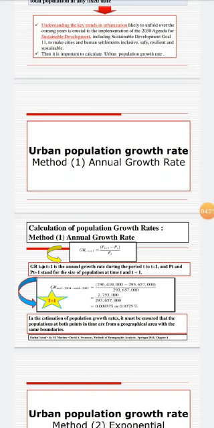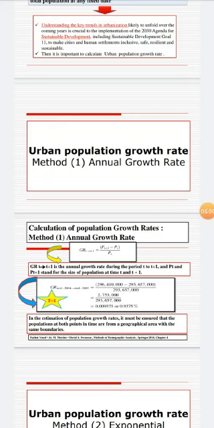If we have 2 periods of time and the difference between them is only 1 year, we will simply use method 1, which is the change in population size divided by the initial population.